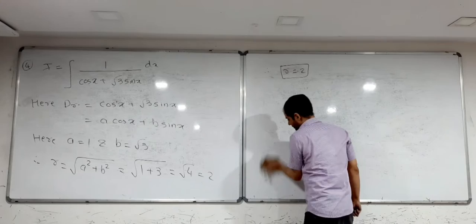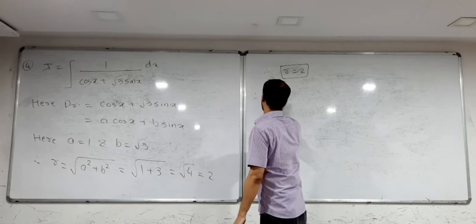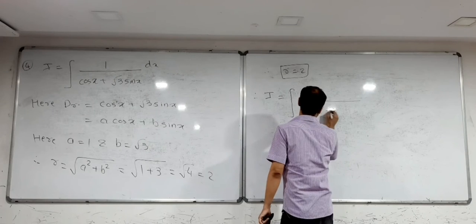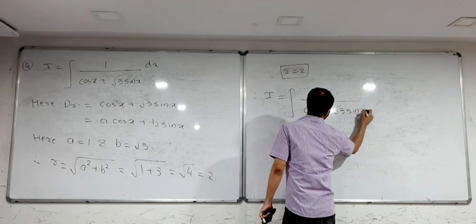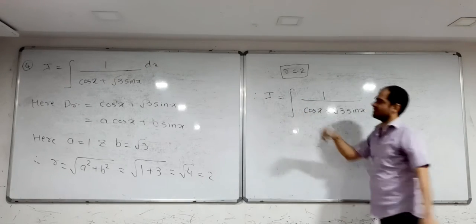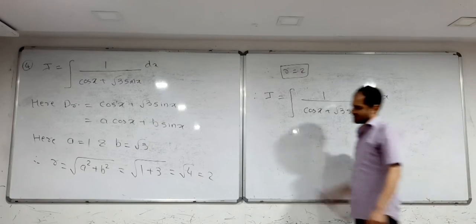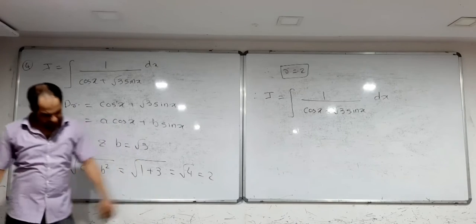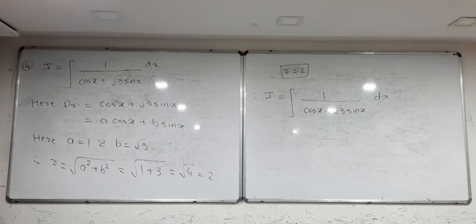Therefore, write I. What is I? Integration of 1 upon cos x plus root 3 sin x dx. This question will be asked in mains. This question was asked in the year 2007. So I is 1 upon cos x plus root 3 sin x.